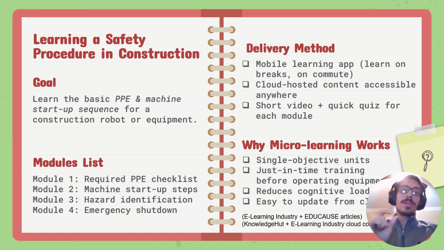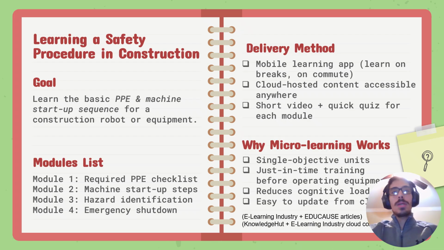So you can see that there are small chunks of modules with low to zero cognitive load. Module 3 is identifying the hazards, and finally module 4 is about emergency shutdown. Each of these modules is short and teaches one clear outcome.